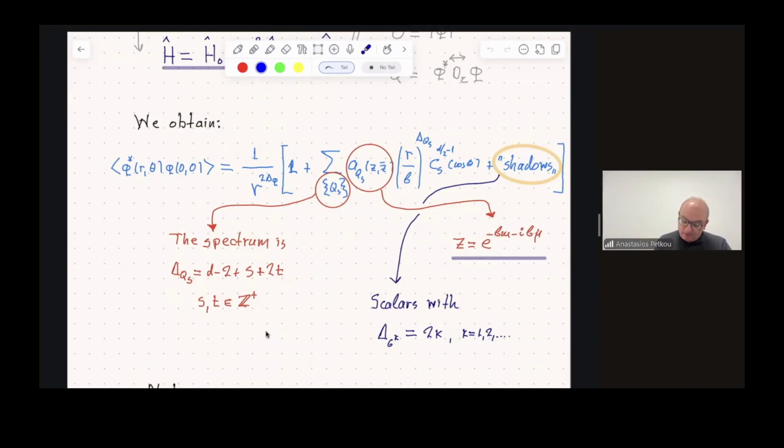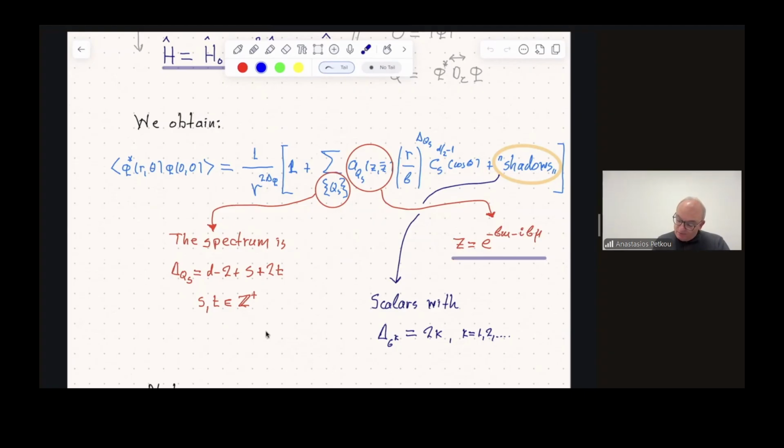Before we had only the higher spin conserved currents, d minus 2 plus s. Now, also s can be even or odd. So we can have spin 1, spin 3 operators here.